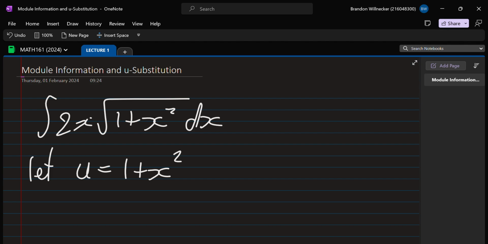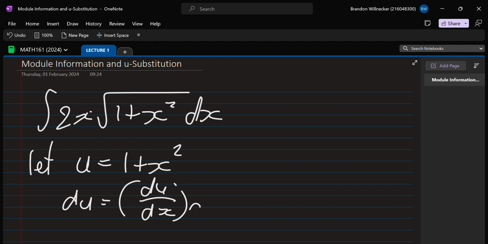We can find the differential, like we did last semester. So the differential du is going to be du by dx. Remember that from last semester? We've got u equals 1 plus x squared, we can calculate du by dx, and then we get du, which is what we need for the end bit of the integral.